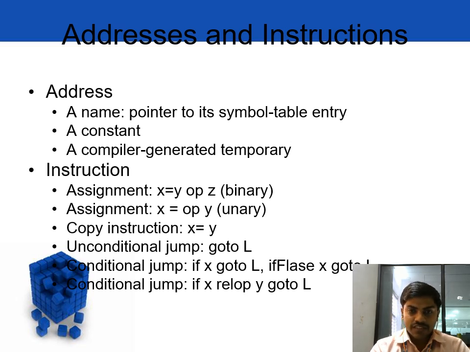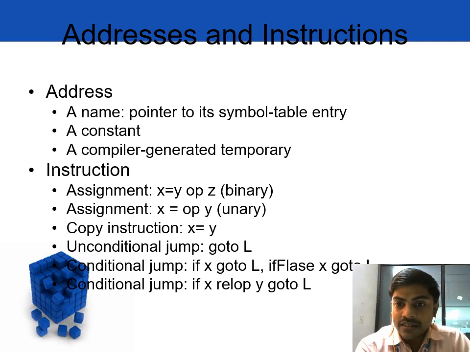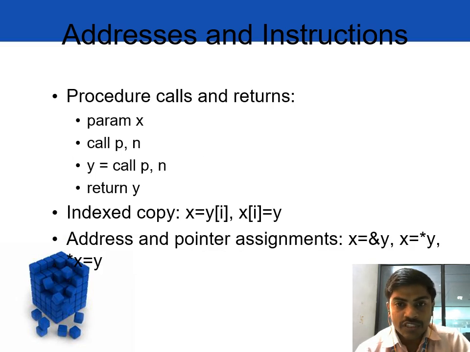And any form of instructions can also be represented by 3 address codes, like binary assignments involving binary operations, binary operators assigned with a value, unary operation assigned with a value, etc. Jumps, conditional jumps, unconditional jumps, etc. can be the probable types of instructions available in 3 address code. And procedure calls, returns, indexed copy, which involves the concept of arrays, address and pointer assignments involving the principles of pointers, are all different examples of 3 address codes which can be encountered in a program.